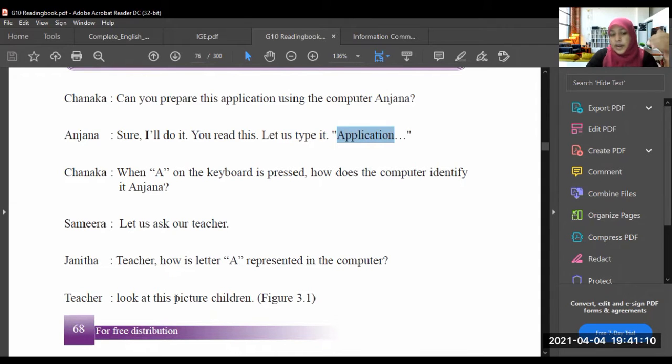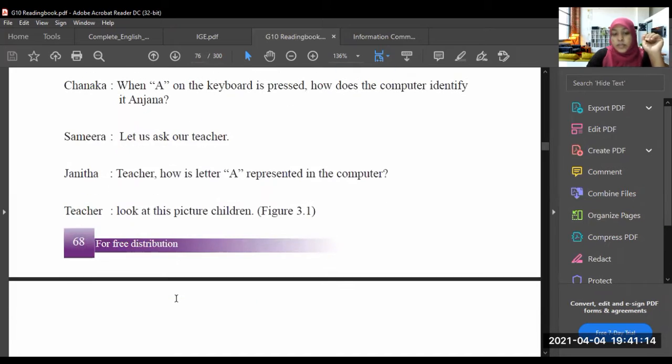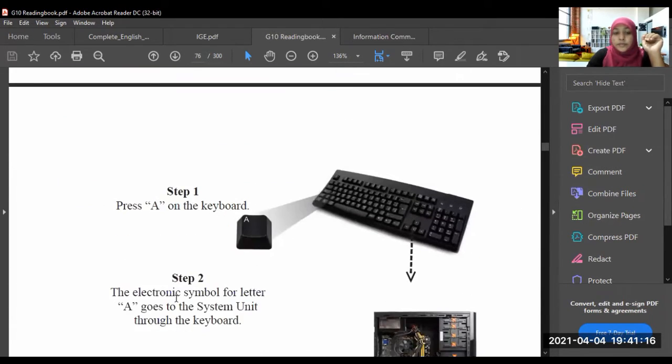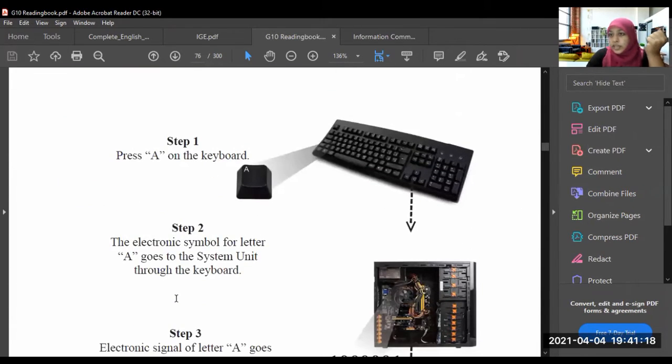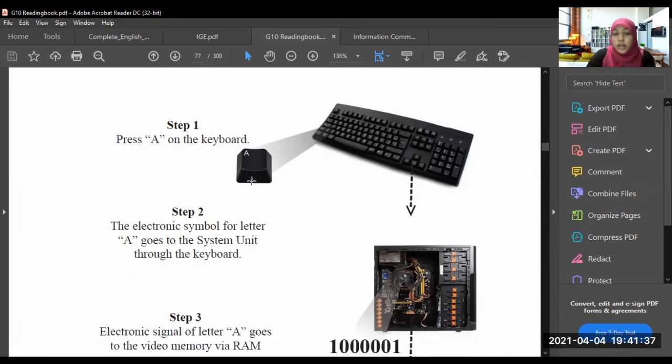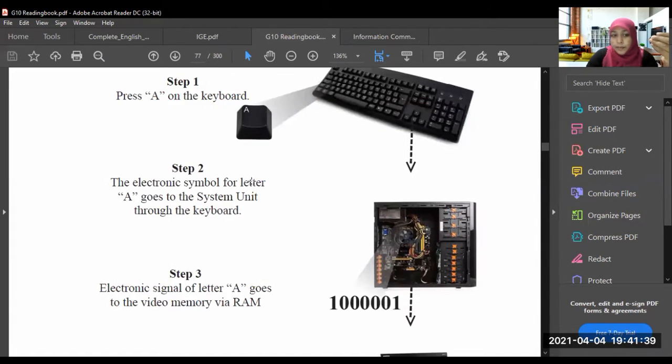So the teacher is explaining here, showing the picture. The picture is figure 3.1. For an example, just imagine the first step when we enter the data into the computer using a keyboard, when we press the letter A on the keyboard. The second step, what happens?